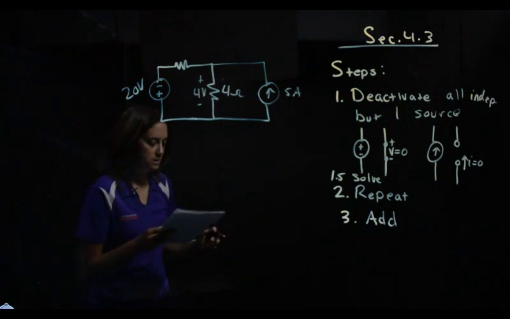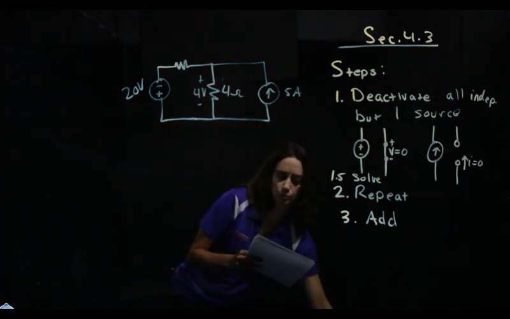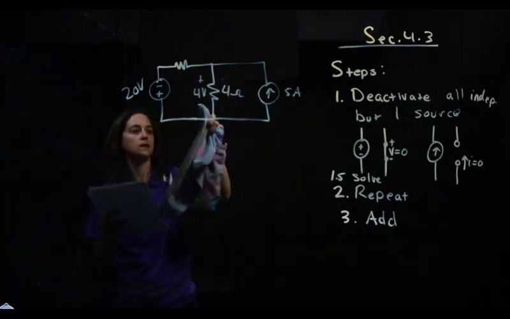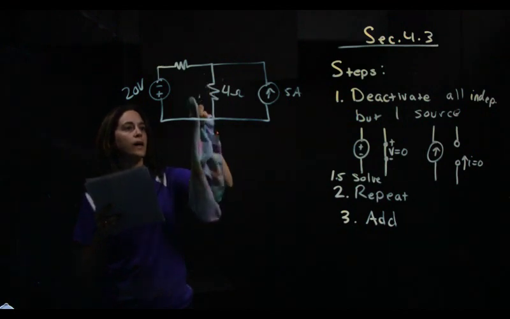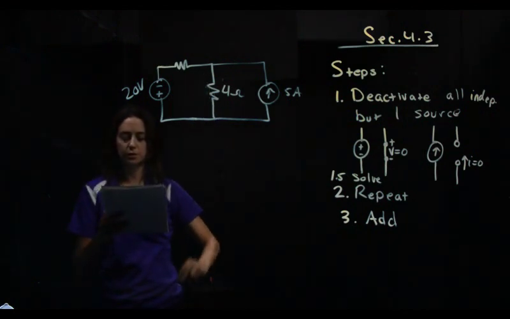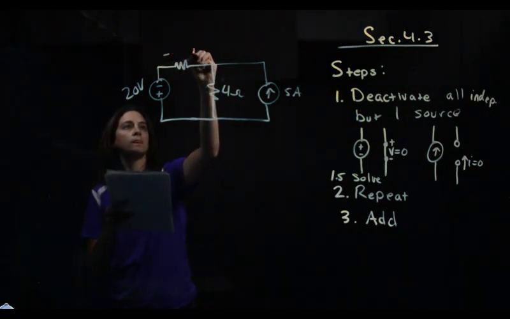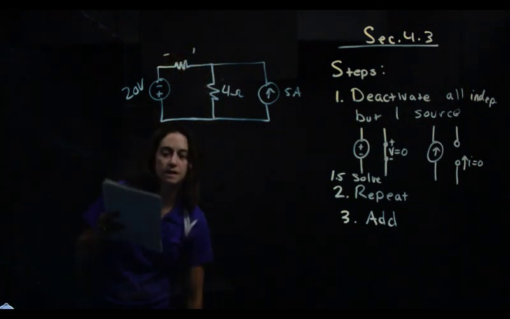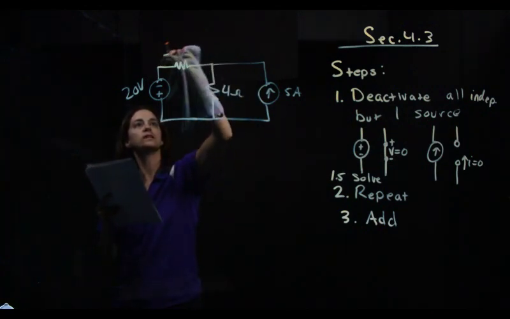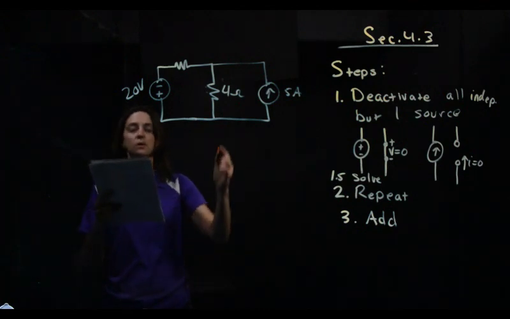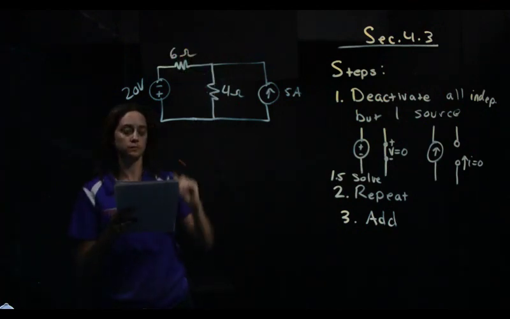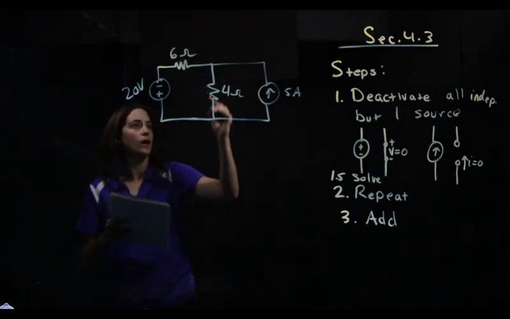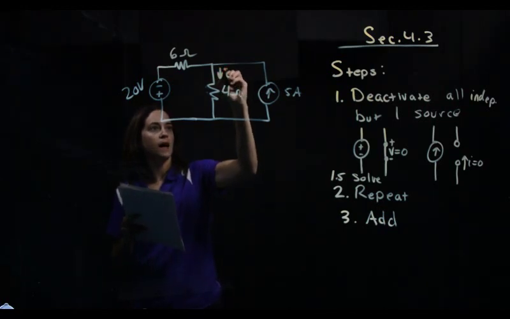I don't know why it's giving us the 4 volts across there. That's really not necessary. So let's go ahead and get rid of that so we don't have extra floating information. And I'm writing it again, even though I said I was going to get rid of it. A little crazy moment. 6 ohms. And what we're looking for is current I.